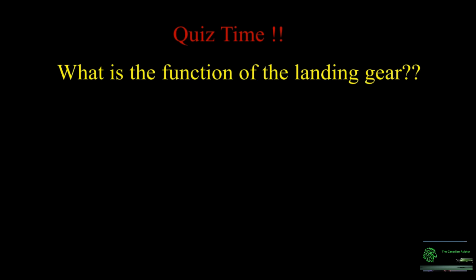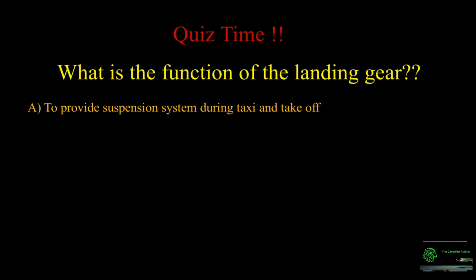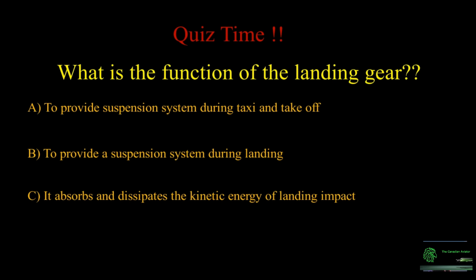Next question. What is the function of the landing gear? A. To provide a suspension system during taxi and takeoff. B. To provide a suspension system during landing. C. It absorbs and dissipates the kinetic energy of landing impact.